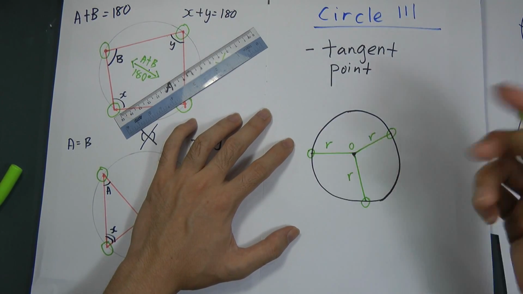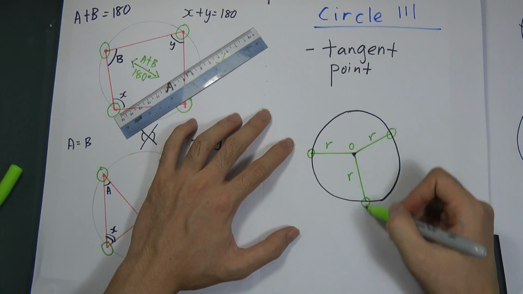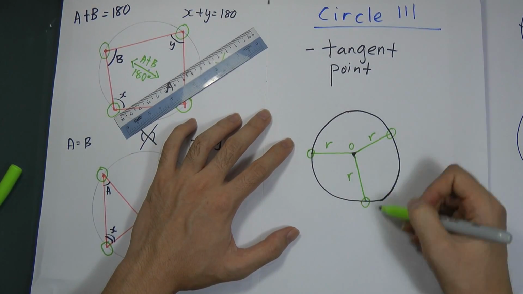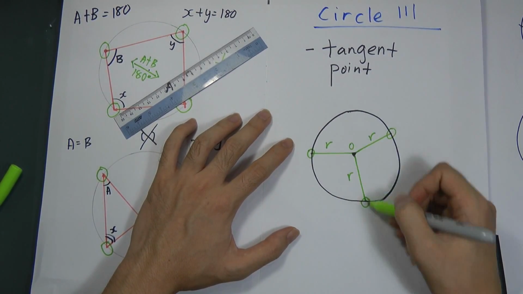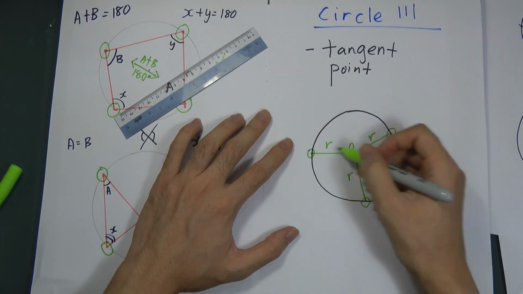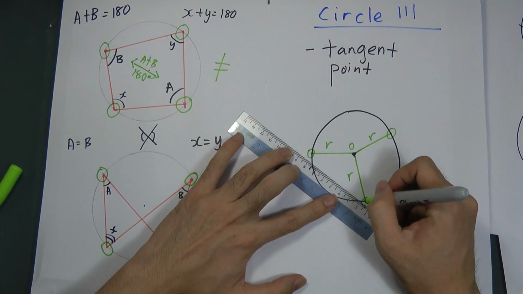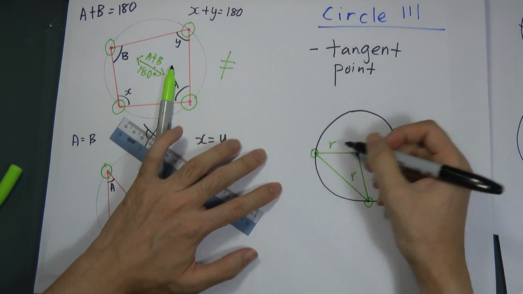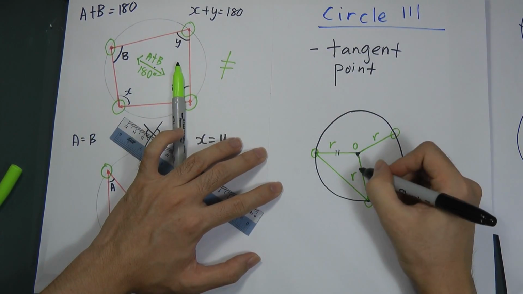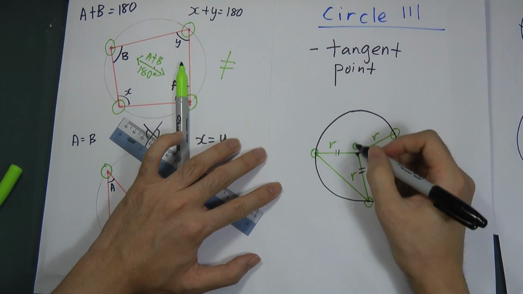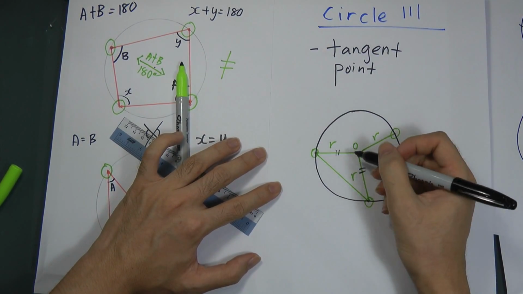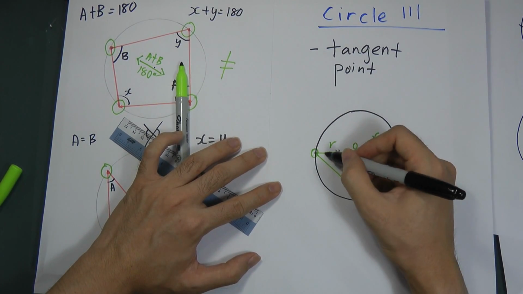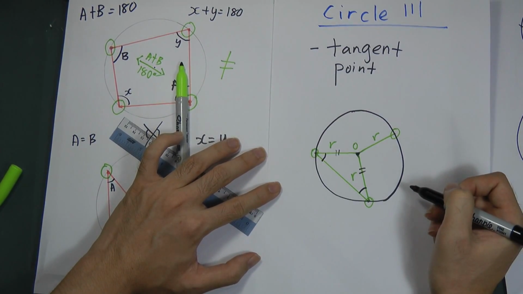When you see so many R, what is the meaning? Meaning all of this length is the same length. Means they are sama panjang. So if I form a triangle like this, you must know this is an isosceles triangle, because this length and this length is the R. Both of these are R, means this angle and this angle will be the same.